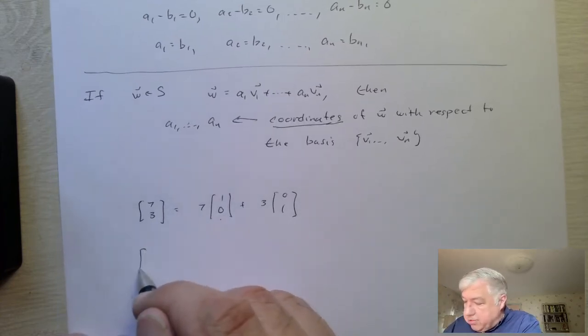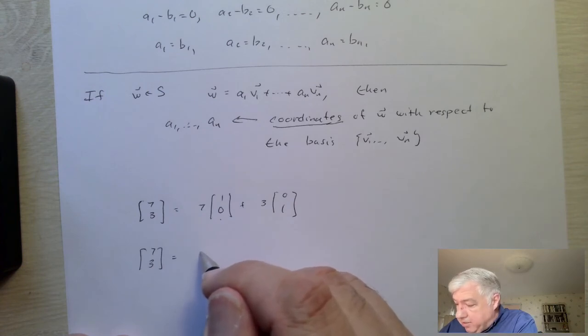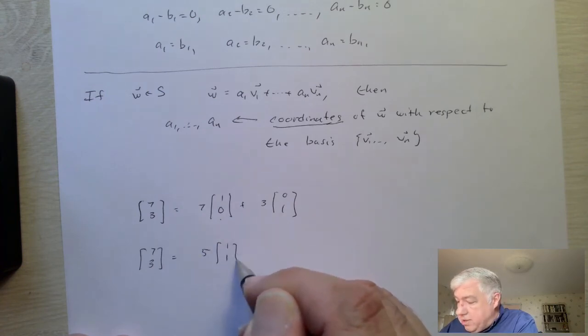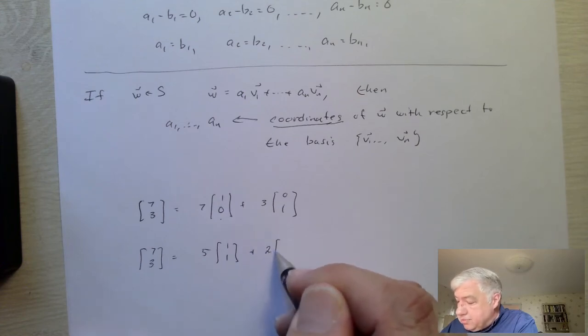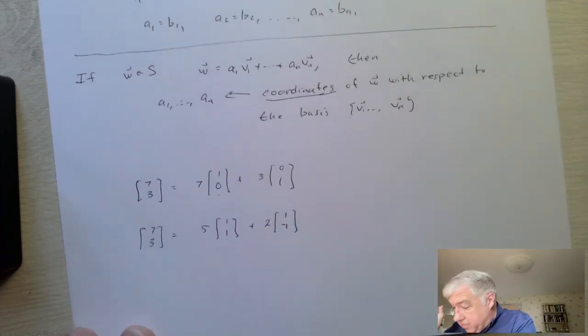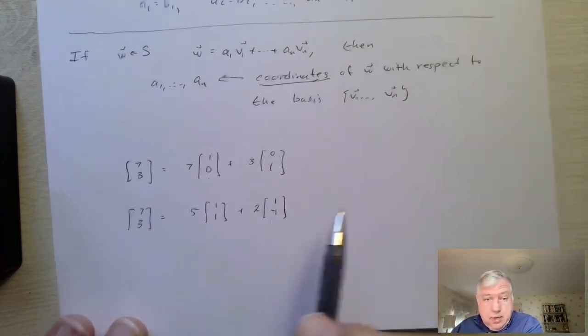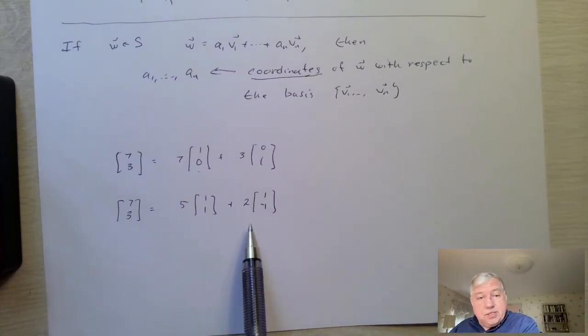But we can also write (7, 3) as 5 times (1, 1) plus 2 times (1, negative 1). Okay, and remember, (1, 1) and (1, negative 1) were also a basis of R2.